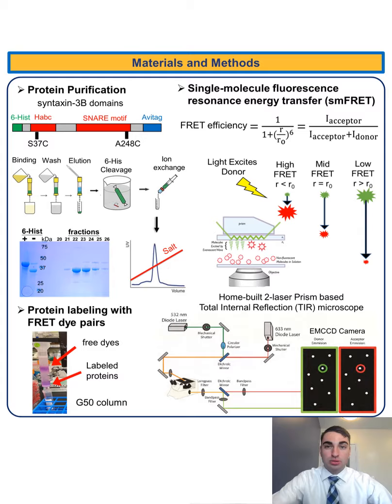The HiTrap Q allowed us to further isolate the protein and confirm we had it with the fractions from the machine. During growth, the ABI tag was biotinylated so the proteins would be immobilized on the microscope slide. The protein was then labeled overnight with Alexa 555 and 647 and run through the G50 column to separate free dye from labeled syntaxin.